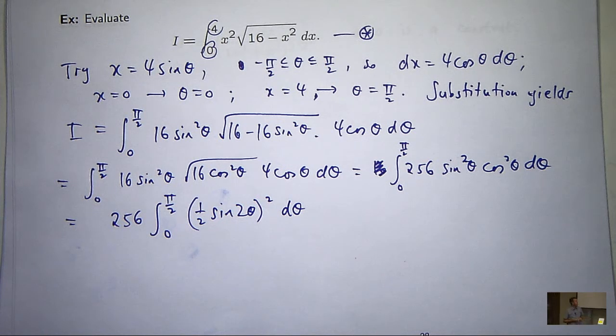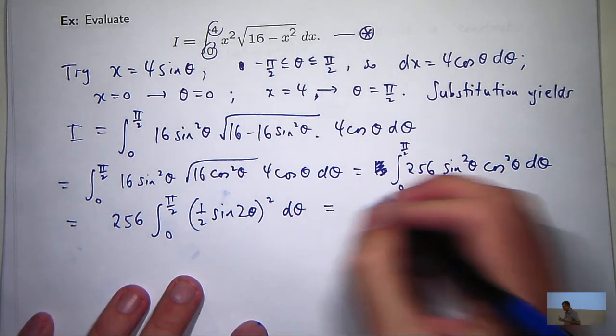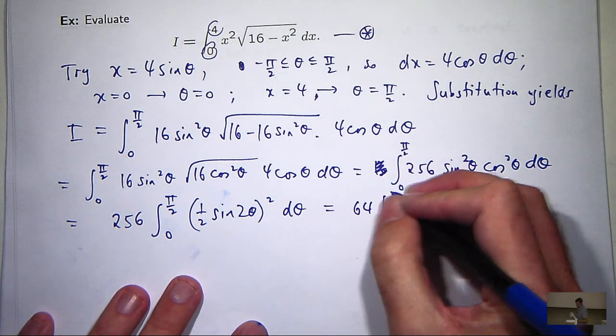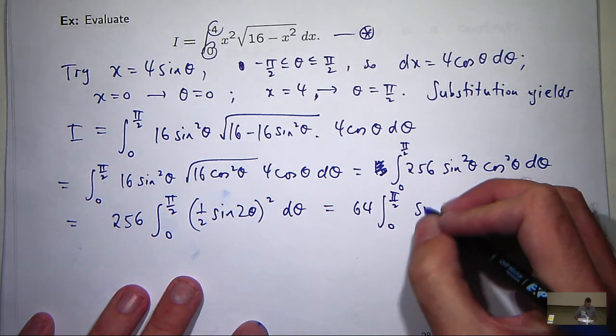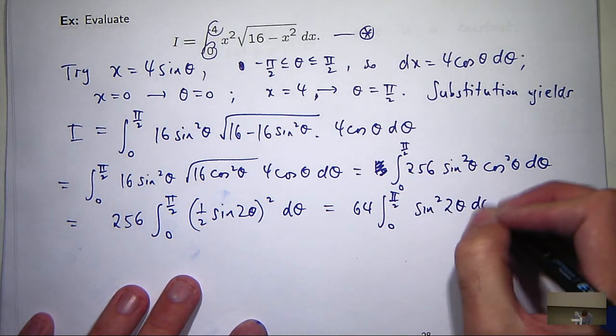All I've done there is use a double angle formula, which I have to square. Expanding this square, I can get the following. We're almost there.